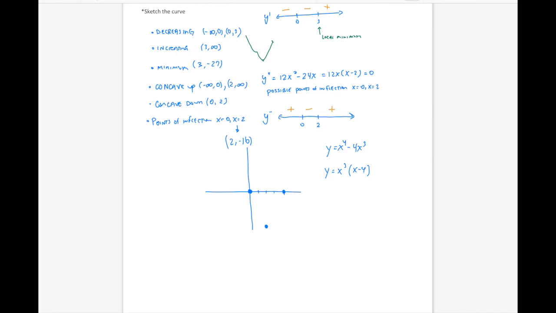We're going to have our minimum value at 3, negative 27. So 3, negative 27 is going to be down here. We are concave up, concave down, concave up. Let's keep on stretching. There's a sketch of our graph. Happy days.